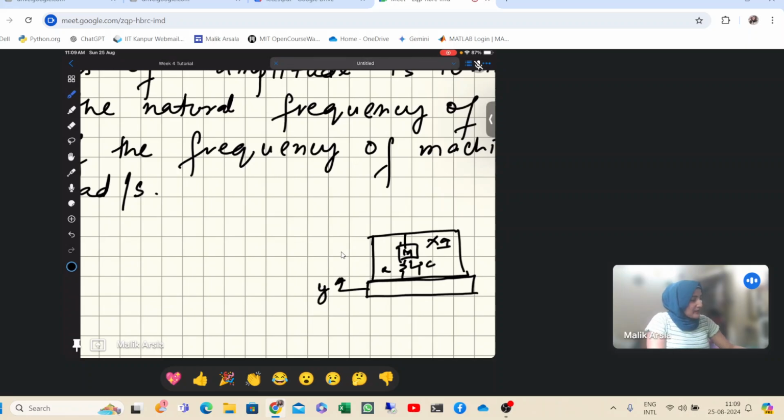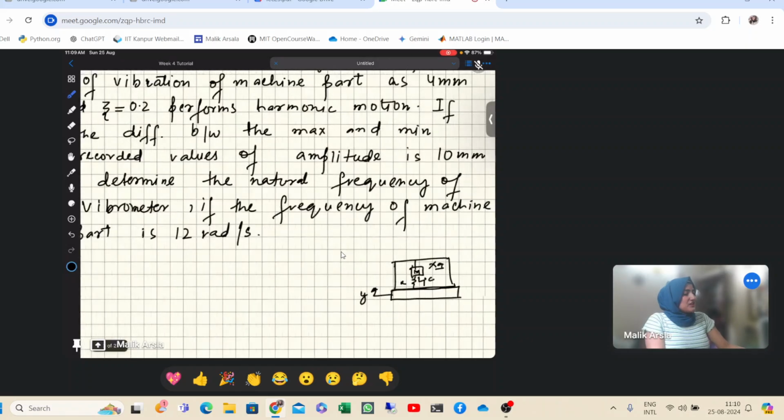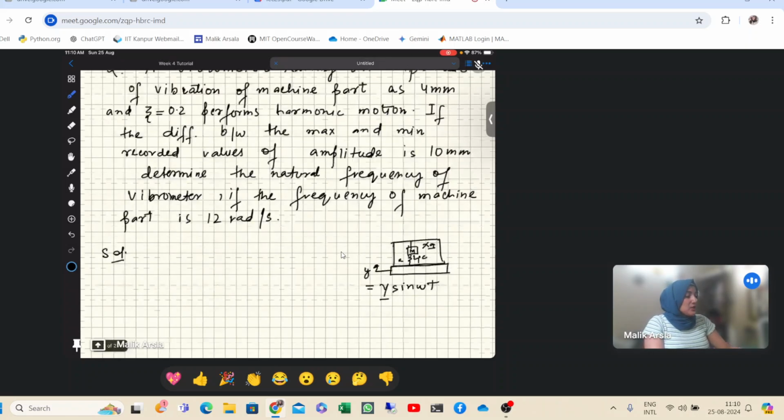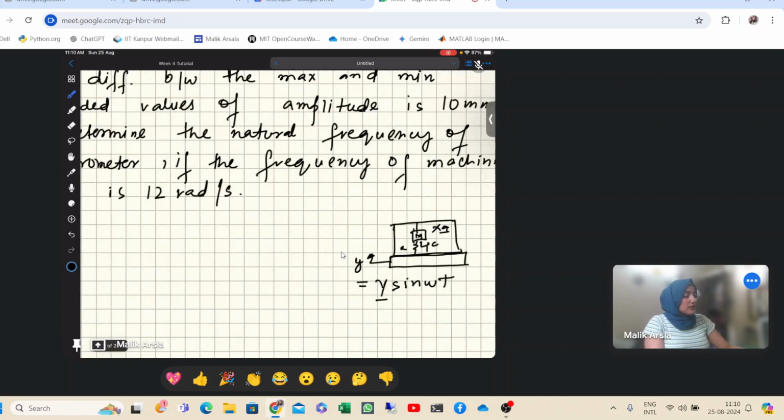Now for this y, it has been given that it is capital Y sine omega t. This capital Y is 4 mm and zeta has been given as 0.2. The difference between the maximum and minimum recorded values of amplitude is 10 mm. So what is this amplitude?